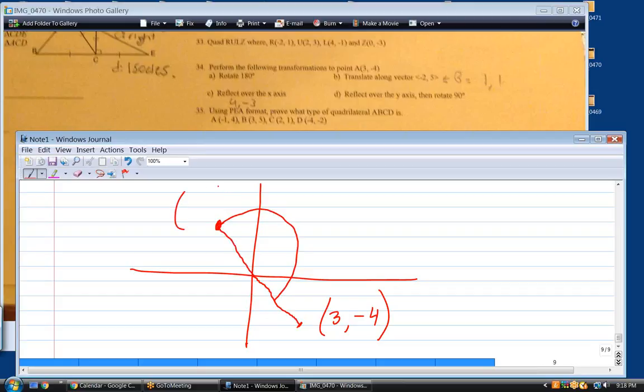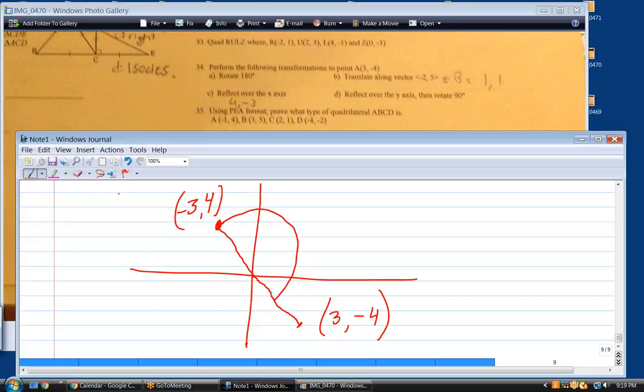What are the coordinates on that point, do you think? That'd be negative 3, 4. Right. So the rule is that if you're rotating a point 180 degrees, you just switch the signs on both the x and the y coordinate. That's all you do is switch the signs.